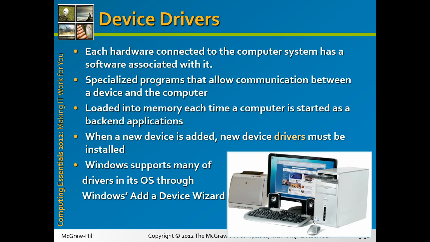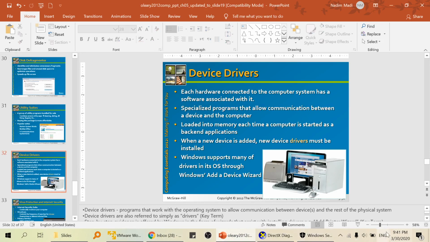Well, device drivers. Each device has a driver that is connected to it. For example, you have your mouse. Whenever you buy a new mouse and connect it to Windows, especially since Windows is the most common operating system, you will notice a little icon pop up on the right side telling you that it is trying to identify the device.